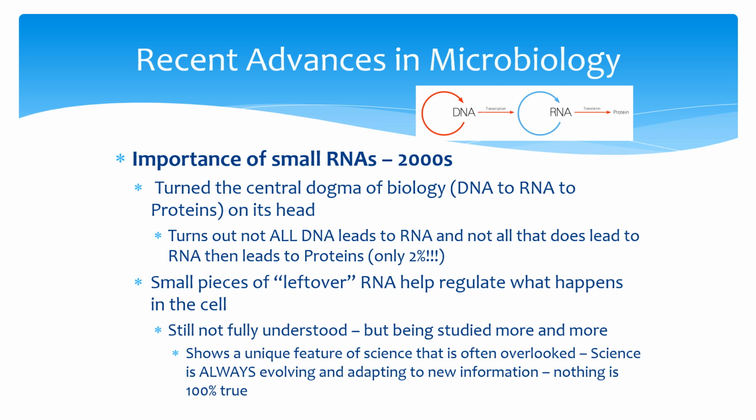We are going to switch gears and start talking about RNA, which is kind of similar to DNA if you remember this from previous classes. Remember that the central dogma, or that central theme of biology, is that DNA goes through transcription, which is a copying process, and is converted into RNA.